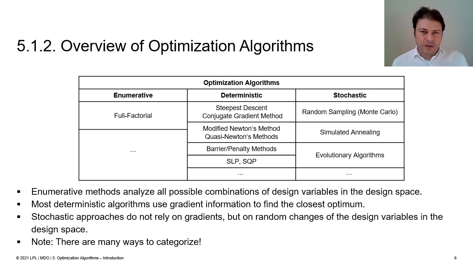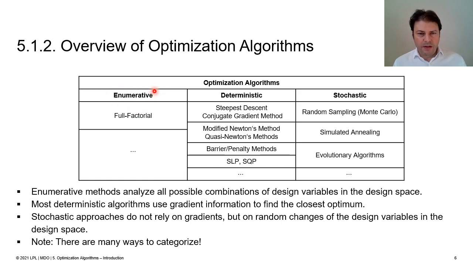There are many ways to categorize optimization algorithms, and I will show you a couple of them to give you an overview of what is out there. One way to categorize them is to distinguish algorithms by the way they create candidate optima and scan the design space.